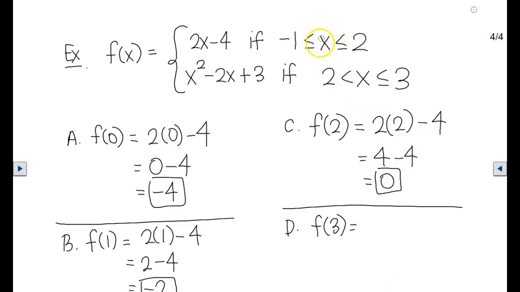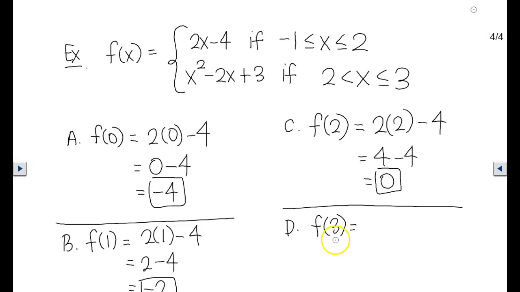I can't put a 3 right here. -1 is less than or equal to 3 would be okay, but 3 less than or equal to 2 would not. So 3 doesn't fit in this domain. It does fit here though. I can put a 3 right here. 2 is less than 3 would work. 3 is less than or equal to 3 would also work. So this is a job for the second piece of the function.